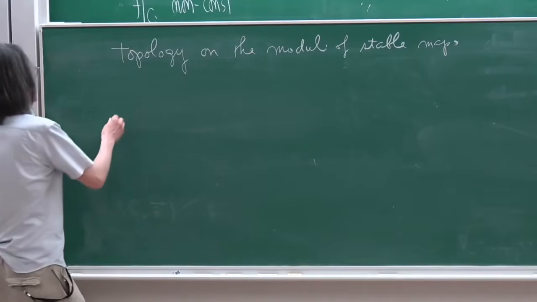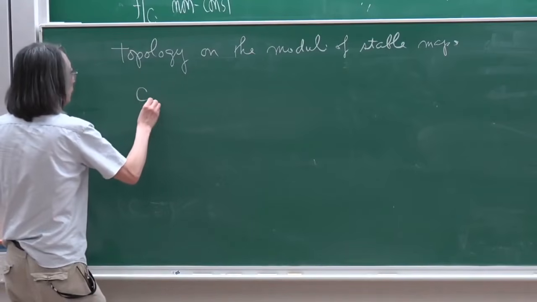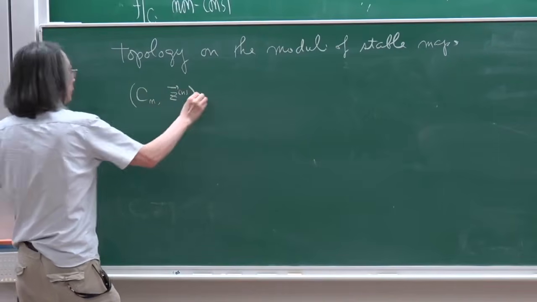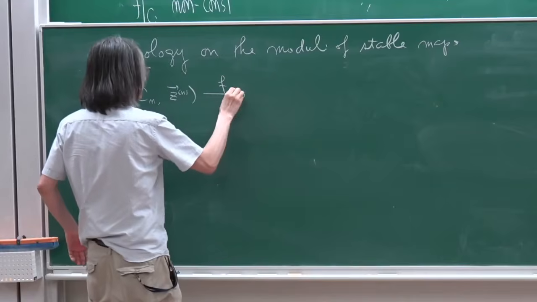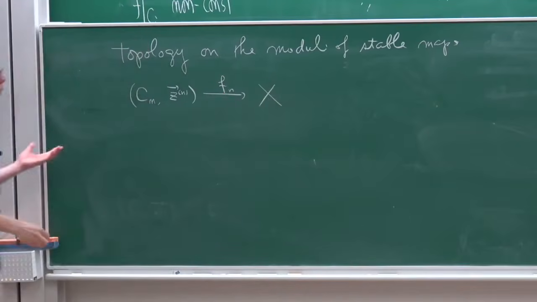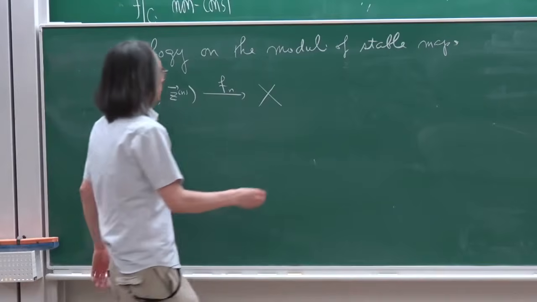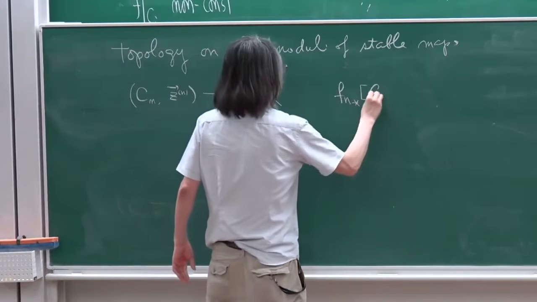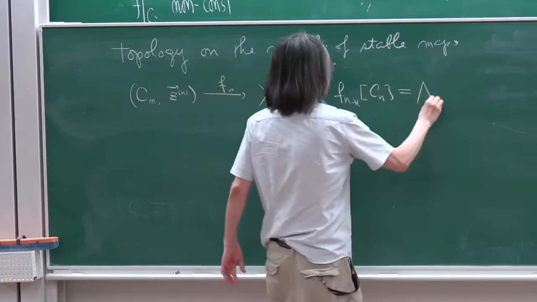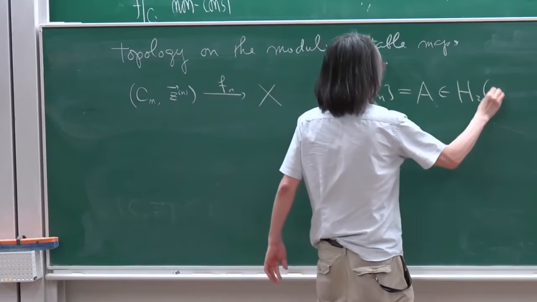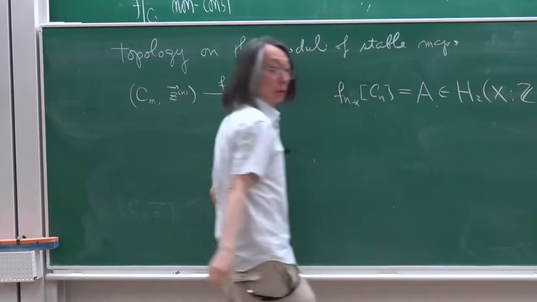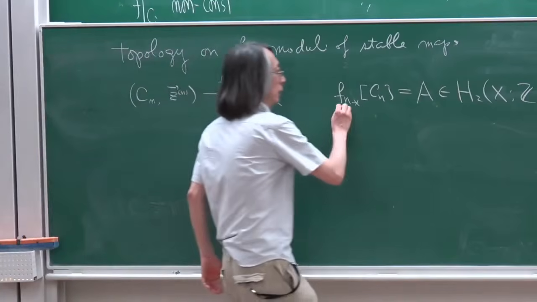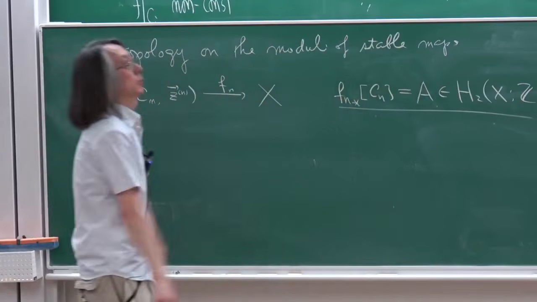So let's suppose that I have a sequence of stable maps, and also I assume that this thing is fixed. This one is fixed. If we don't fix this, then certainly we don't have any energy bound.